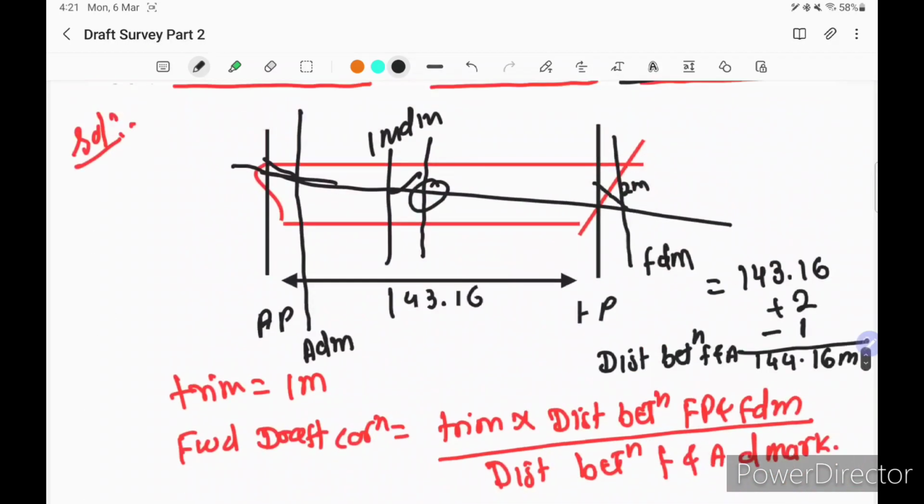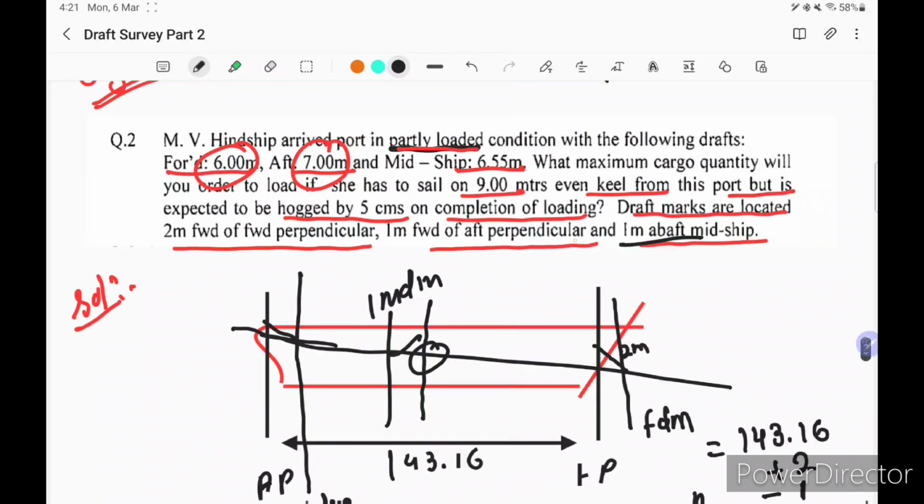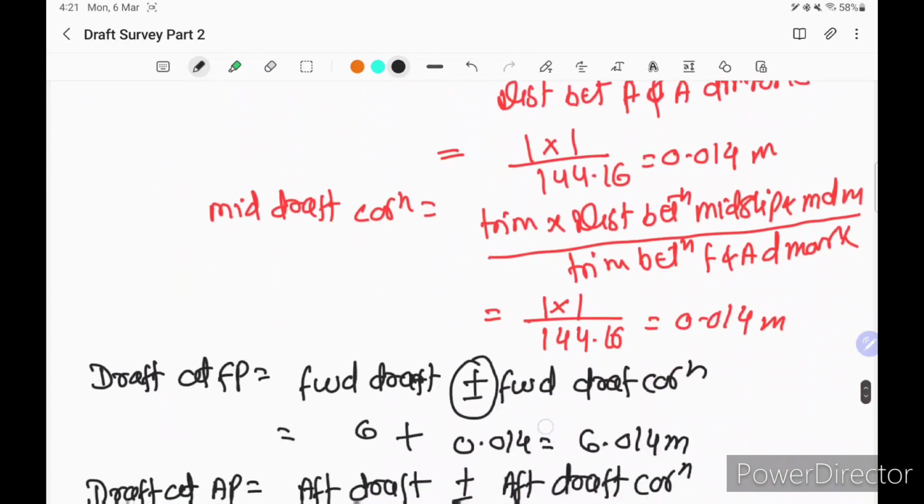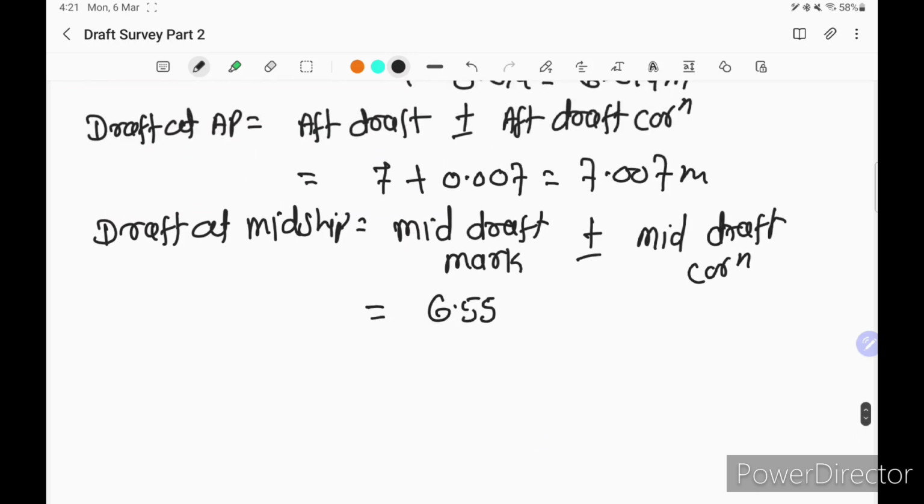Where is mid draft? 1 meter above of midship. It is 1 meter aft of midship and the vessel is trim by stern, so it is towards trim. So in that case it will be negative. Okay, minus 0.007 is equal to 6.543 meters.